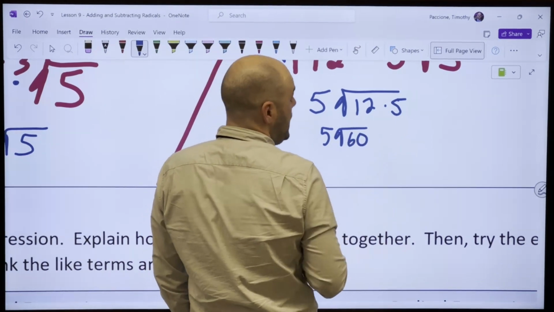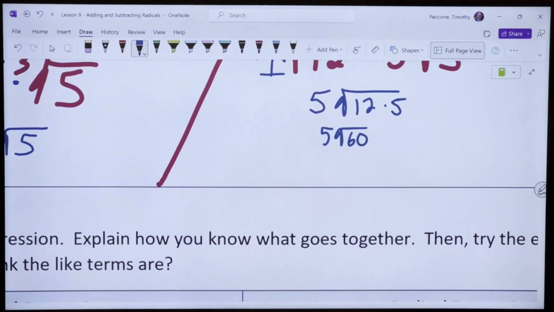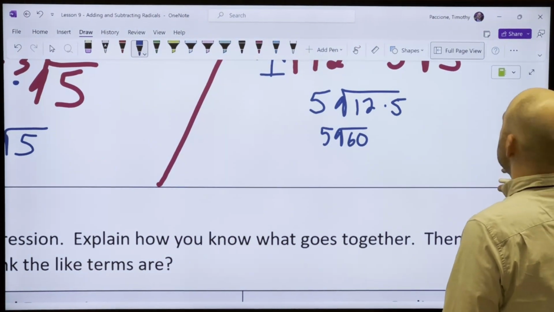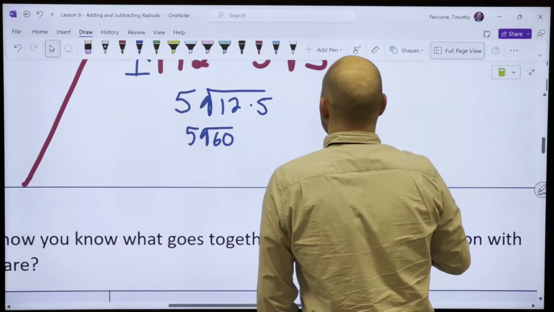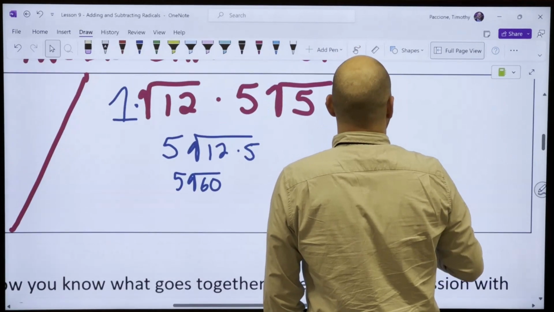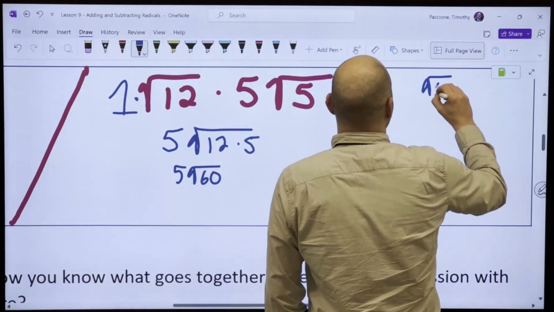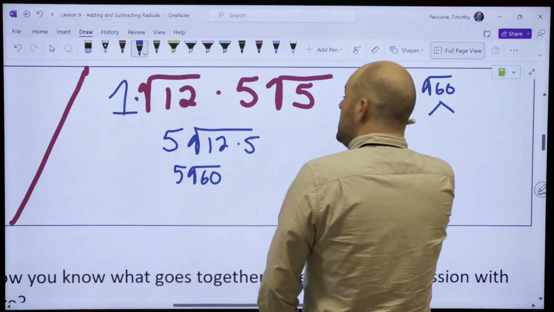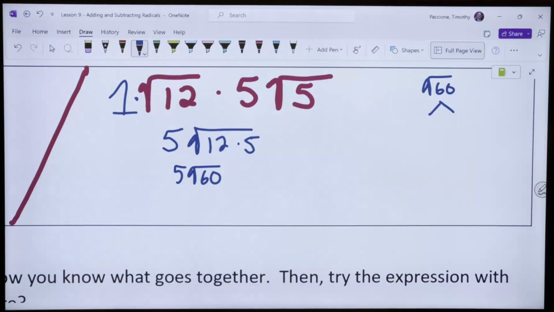And that would be 5 square root of what? 60, right? And then I would ask myself, well, maybe 60 breaks down. So this is where we go into that other skill where we say, okay, square root of 60, can I break that apart? Now, there's a couple ways to do this. You can say, well, maybe there's a perfect square inside of 60, which there is.